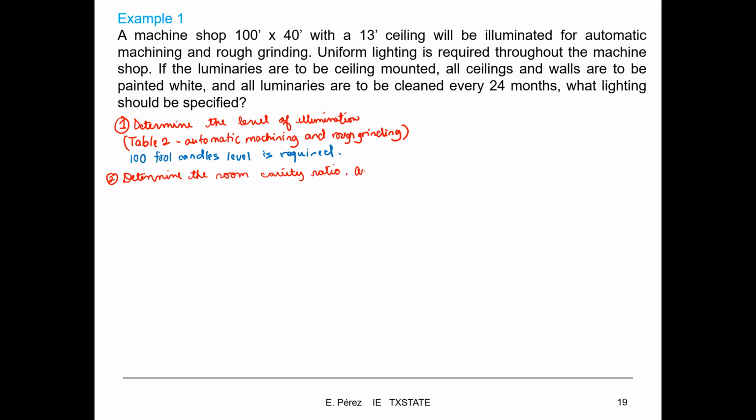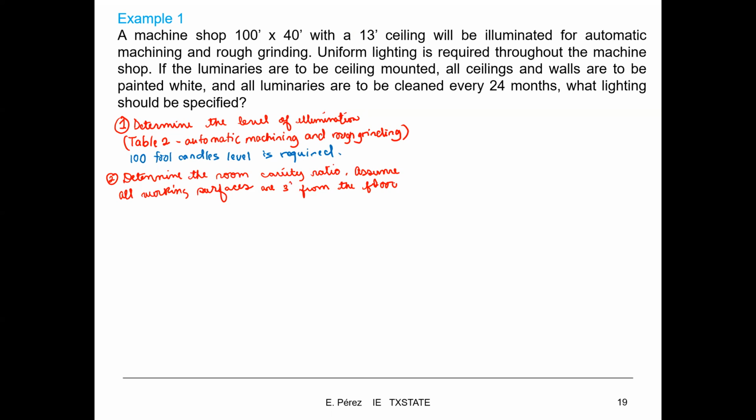And for this, we are going to assume that all working surfaces are 3 feet from the floor. So that's not stated as part of the problem. So we are making that assumption that all working surfaces are 3 feet from the floor.